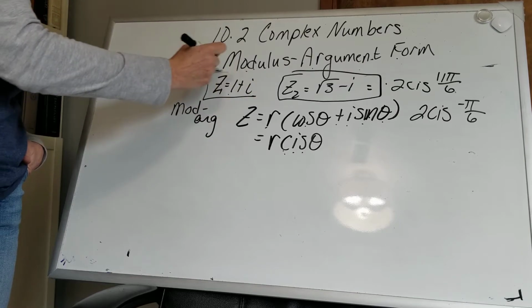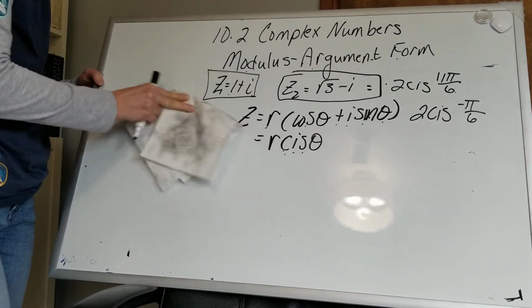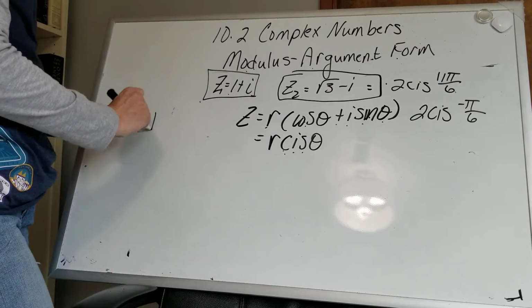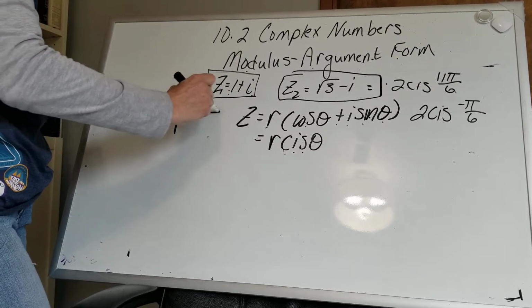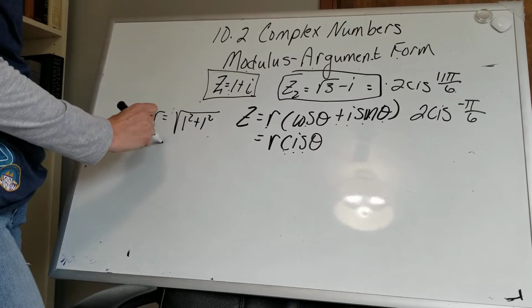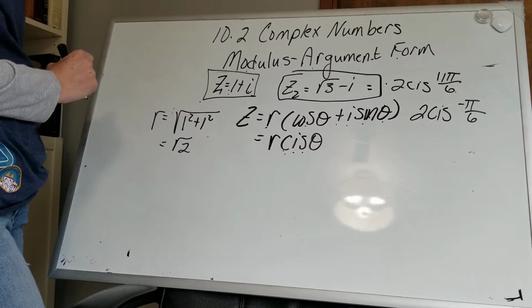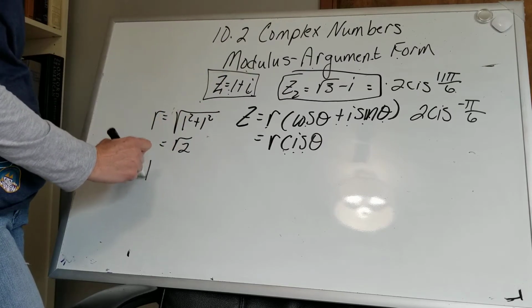This one here, before I show you how we multiply them, I want to convert that one first. So remember, to get r, you're going to go x squared plus y squared, square root it. So that'd be 1 squared plus 1 squared, so that's going to equal root 2. And then to find your theta, this time we'll use tangent.